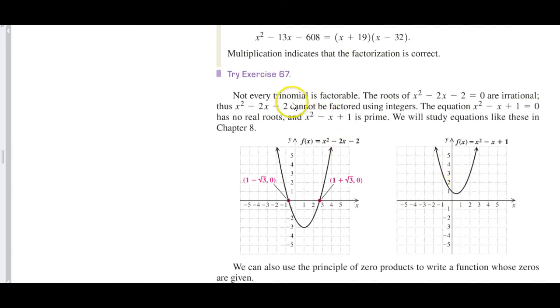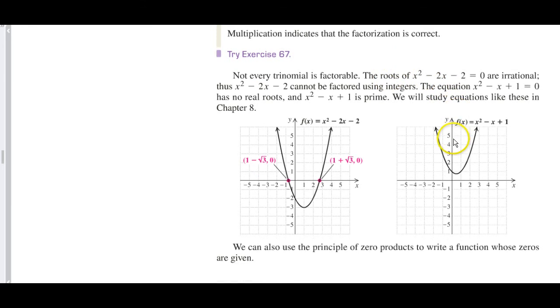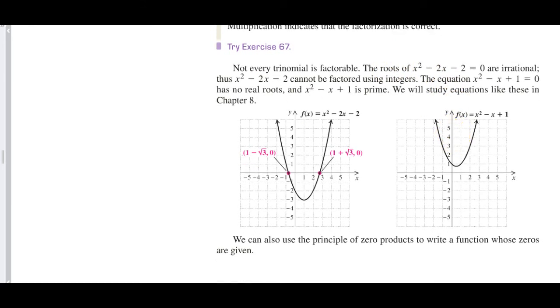And not every trinomial is factorable. If they're not factorable, they could still be solved, but they can't be solved by factoring. And we'll be doing some of this in chapter 8. So we're just starting off here in the beginning.